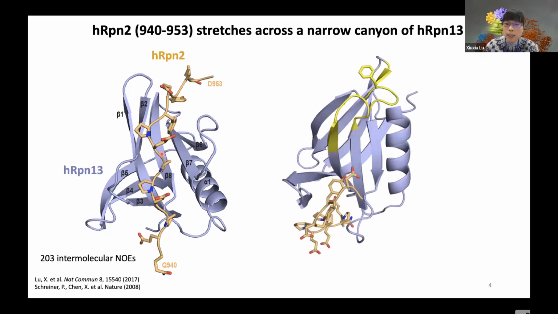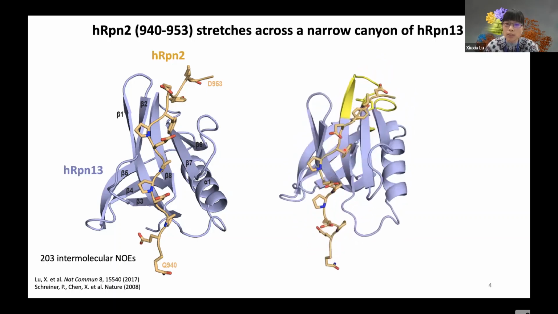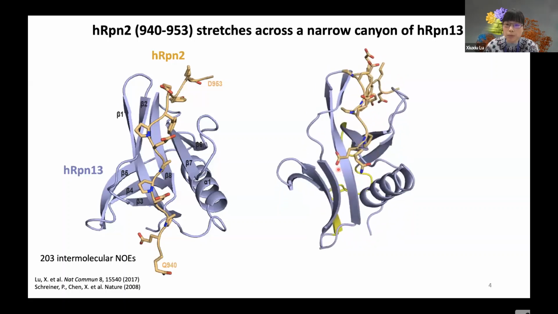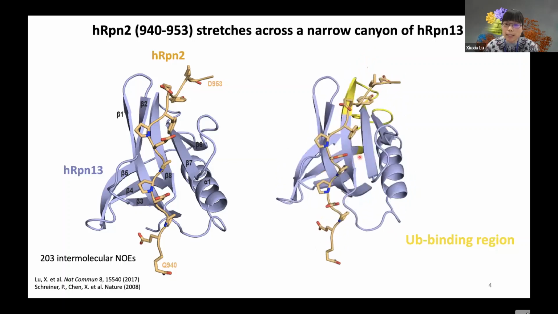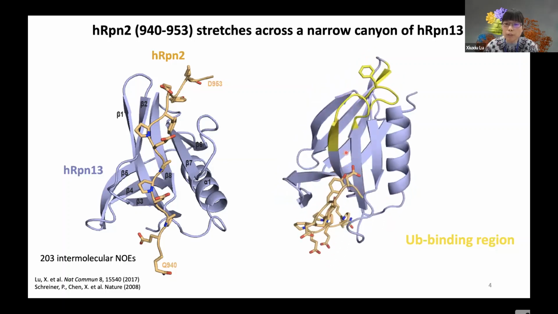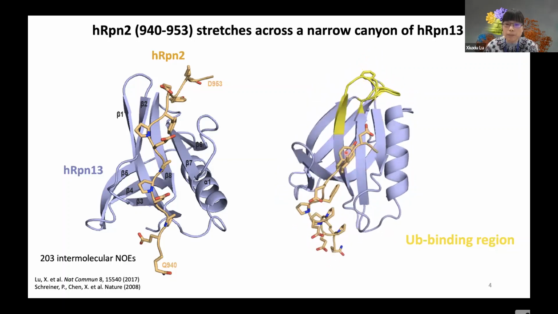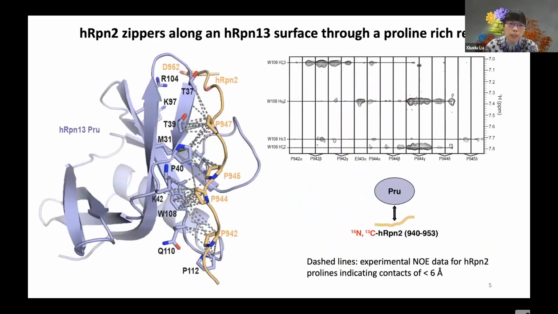As you see here, RPN2 stretches across a narrow canyon of the RPN13 Pru domain. The ubiquitin binding region is colored in yellow. So we can see RPN2 and ubiquitin bind to different locations of RPN13. RPN2 zippers along the RPN13 surface through a proline-rich region.